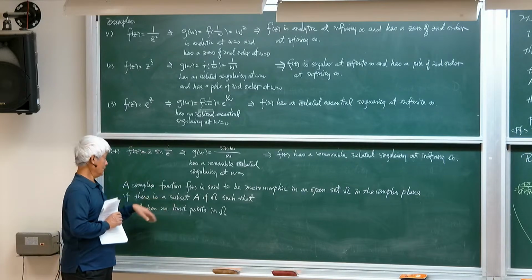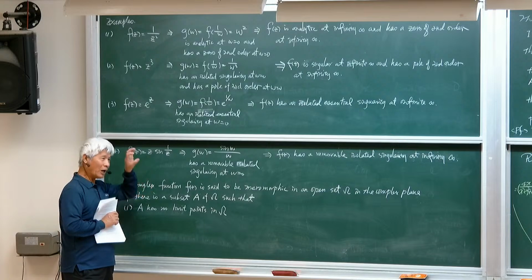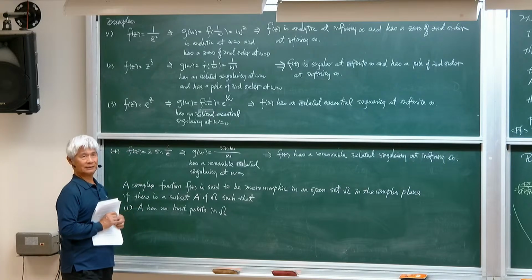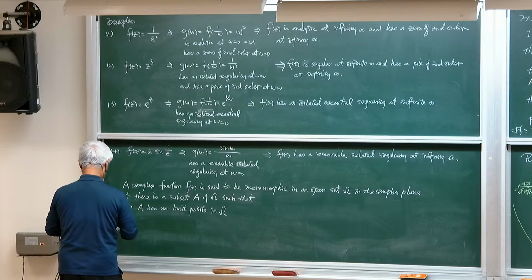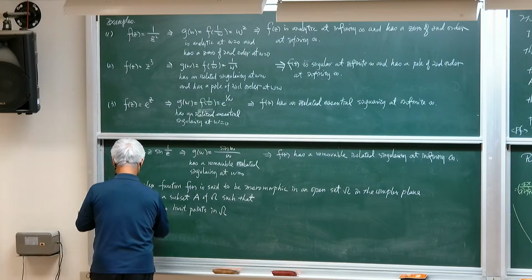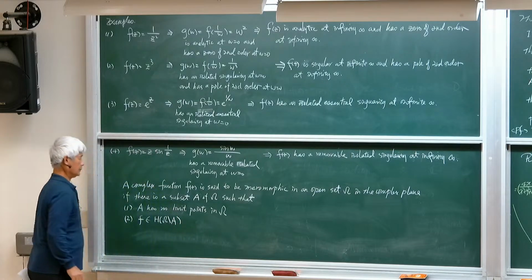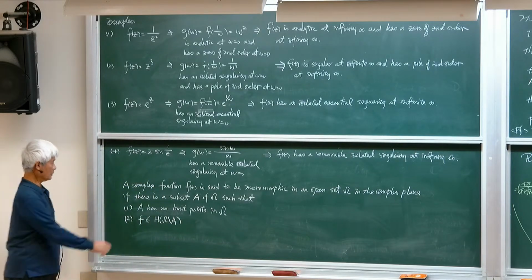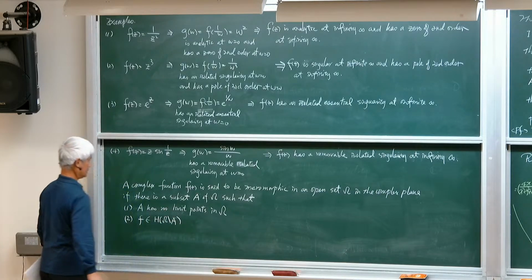But A can have a limit point outside omega, right, which is allowed. Second, F is holomorphic in omega remove A, okay, see here.